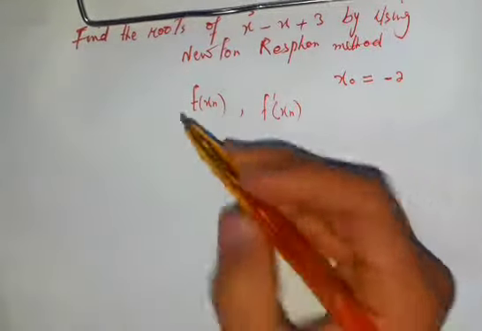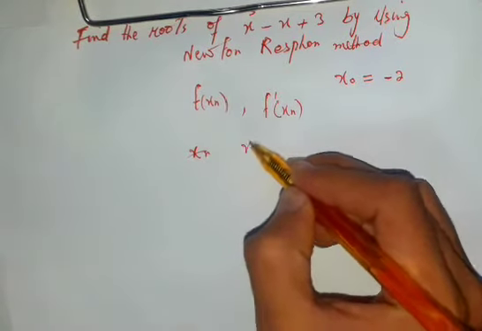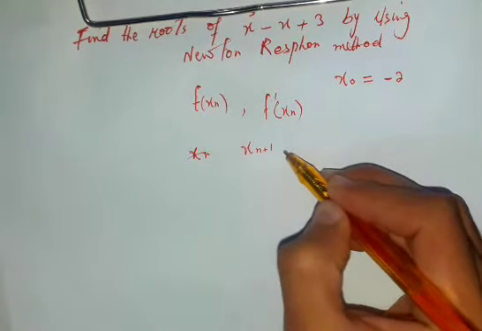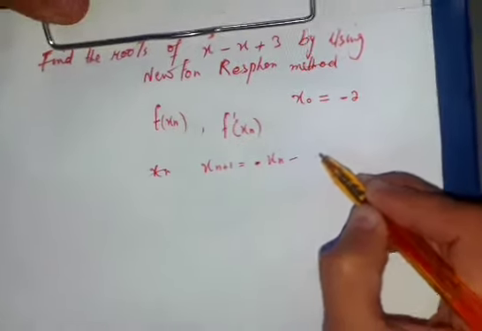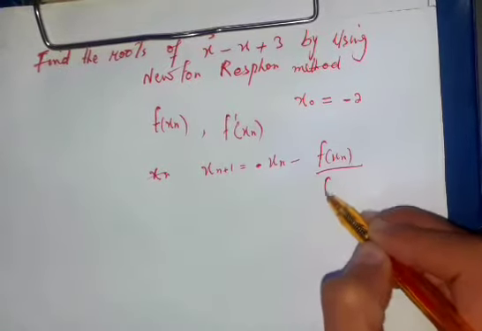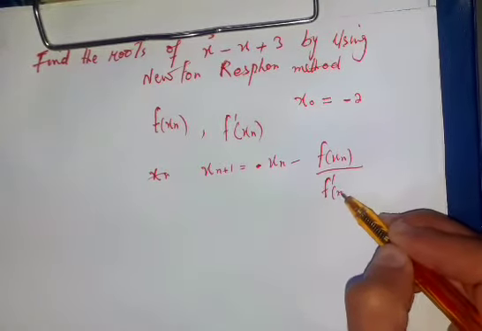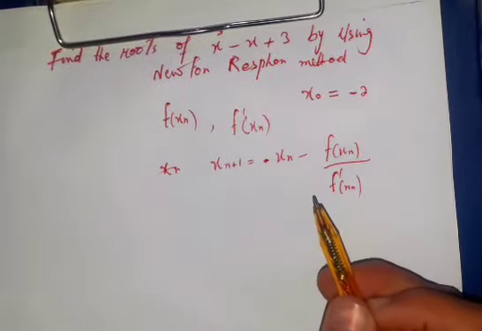So to write the formula: xn plus 1 equals xn minus f of xn divided by f derivative of xn. So this is the formula of the Newton-Raphson method.